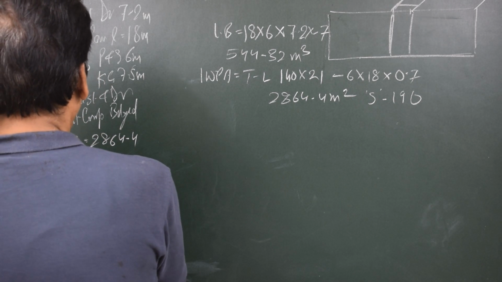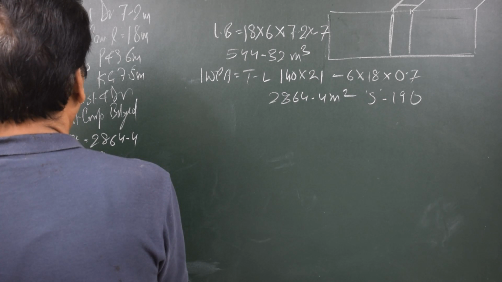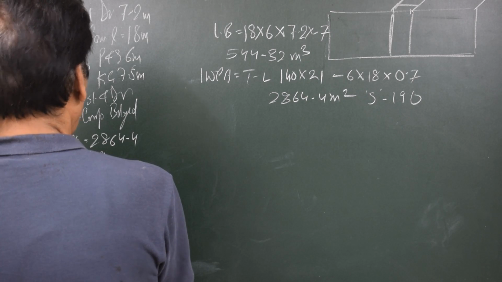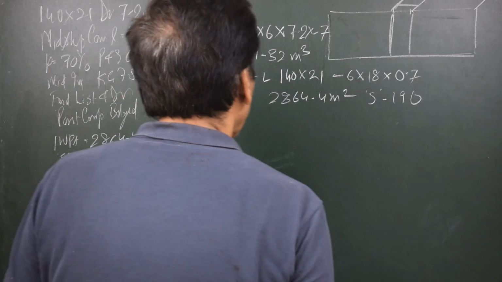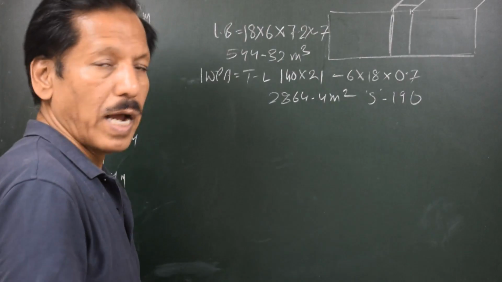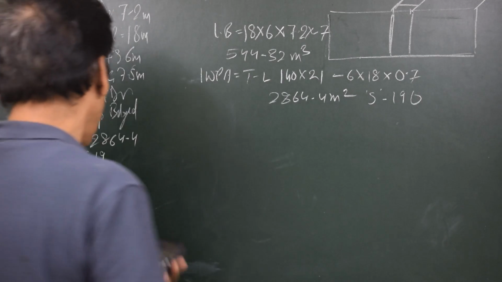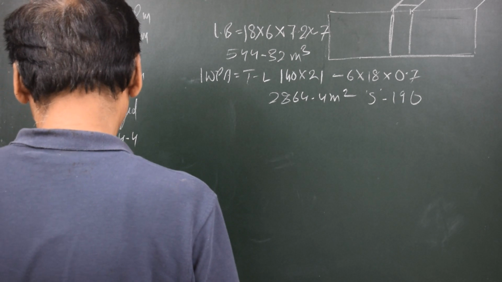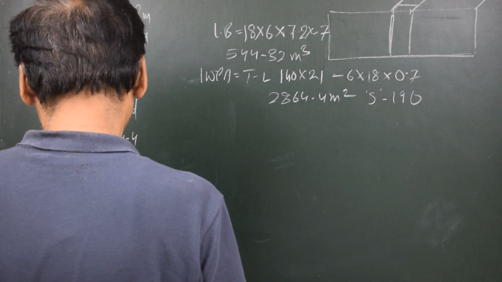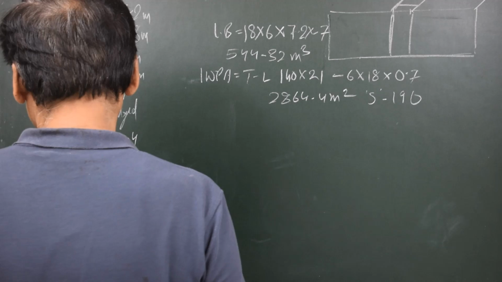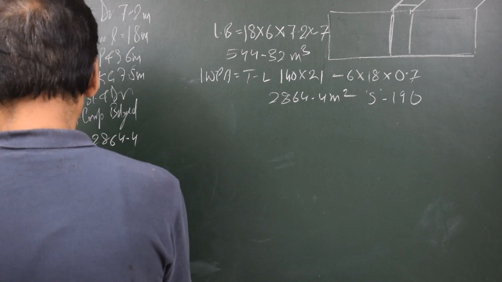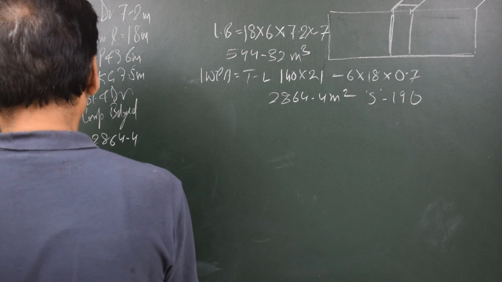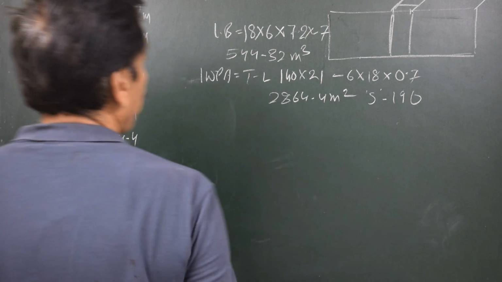So the new draft is 7.2 plus 0.19, so 7.39 meters. And because it is a box vessel and the damage is vertically uniform, we can say that half of 7.39 is the new KB, that is 3.695 meters. That is the new KB.